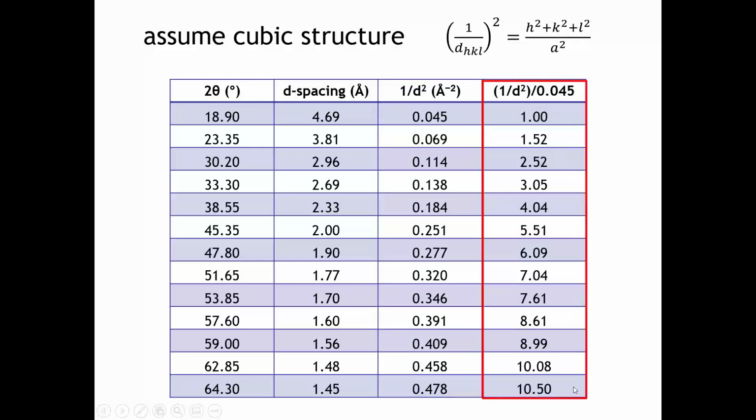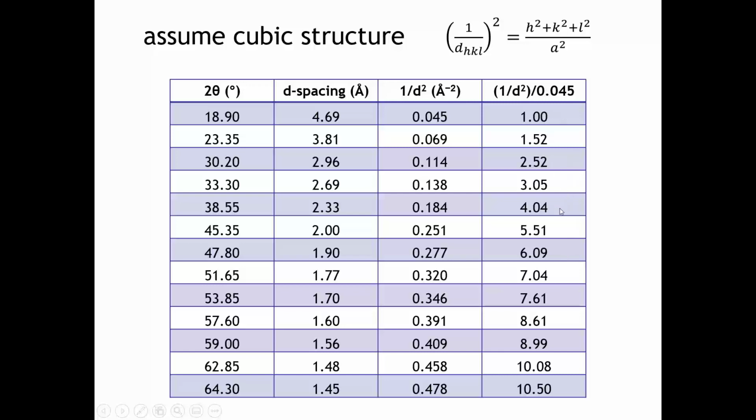Now we saw last time that sometimes there might be some missing peaks, in which case the first peak might not be the 1, 0, 0, but the 1, 1, 0, or the 1, 1, 1, or the 2, 0, 0. In that case, although the values might not all be integers, we should be able to multiply by a relatively small number and make them all integers. Well, that's not exactly true here. We do see some integers in there.